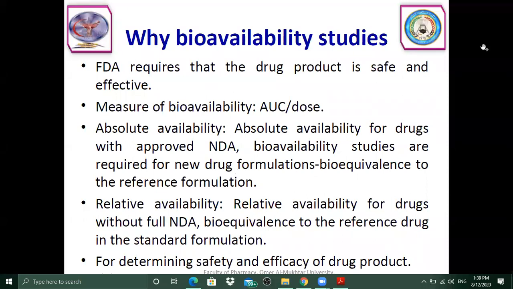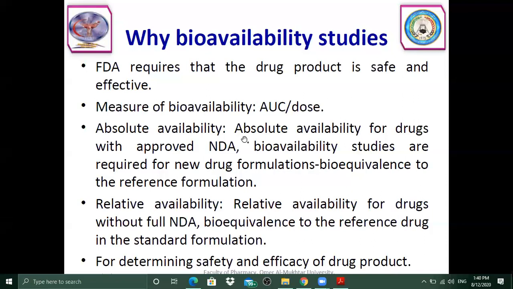So why do you want to compare it with the IV formulation? Because IV formulations go into the systemic circulation directly, and their bioavailability will be 100% compared to the oral formulation. So if you have a drug formulation which is a tablet, capsule, or liquid, and its new drug application is approved, then you will go ahead and do absolute bioavailability, where you compare the results with the IV formulation.